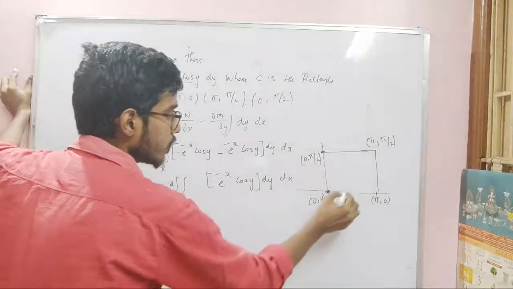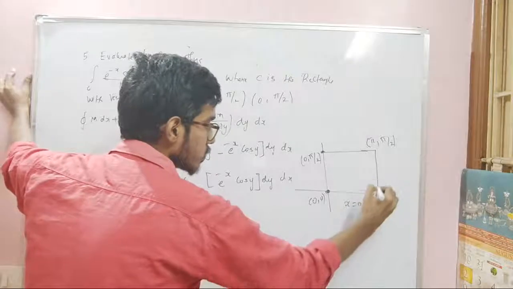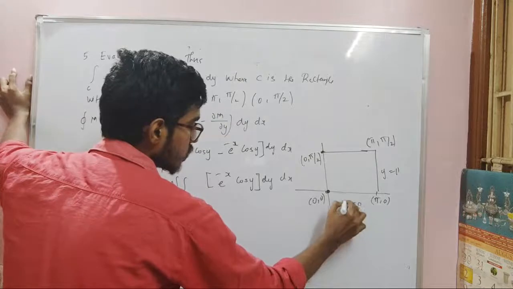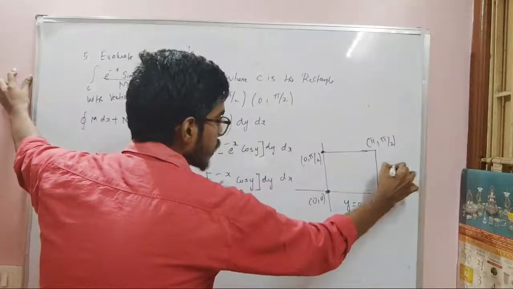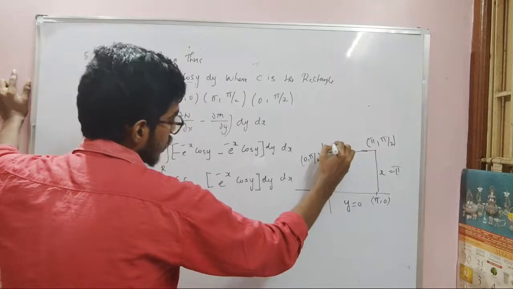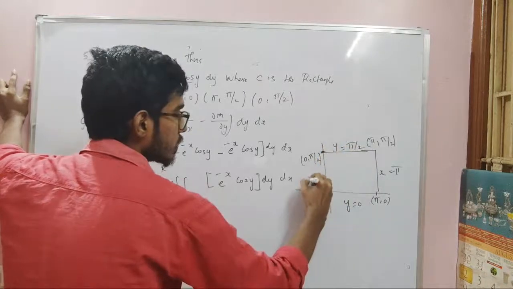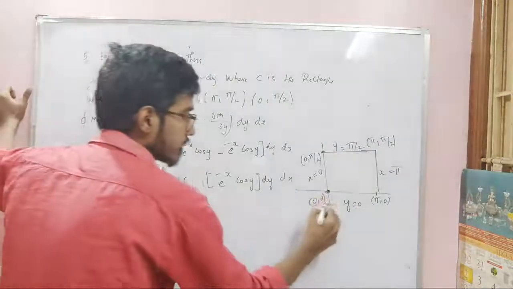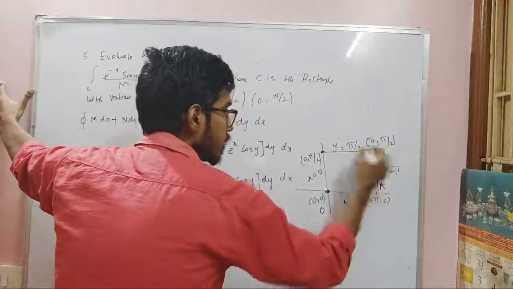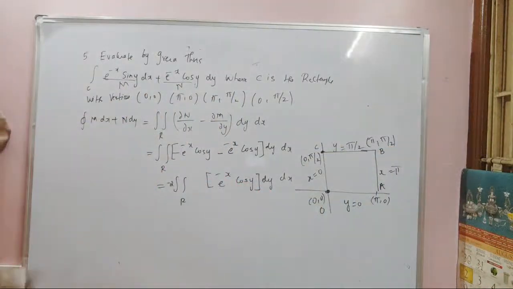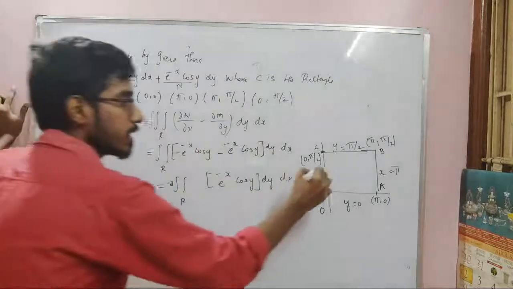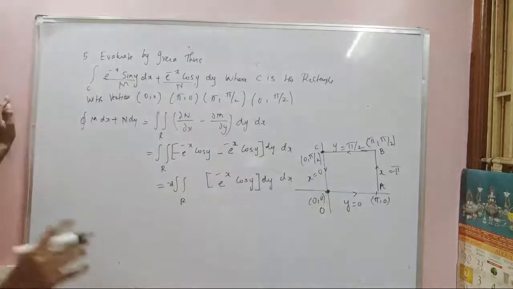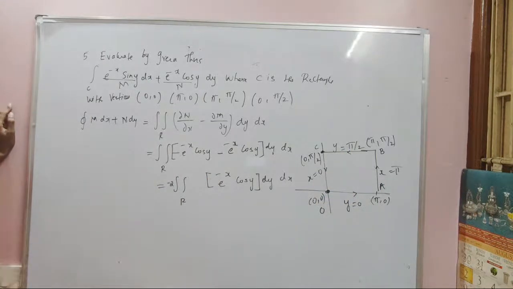If you are doing a line integral, then we have x equal to 0, y equal to 0, x equal to pi, and y equal to pi by 2. Let us say this is O, this is A, this is B, this is C. Now we split this into four integrals: integral OA, integral AB, integral BC plus integral CO, and for every integral you can easily find by line integral, but I am going to use Green's theorem now.